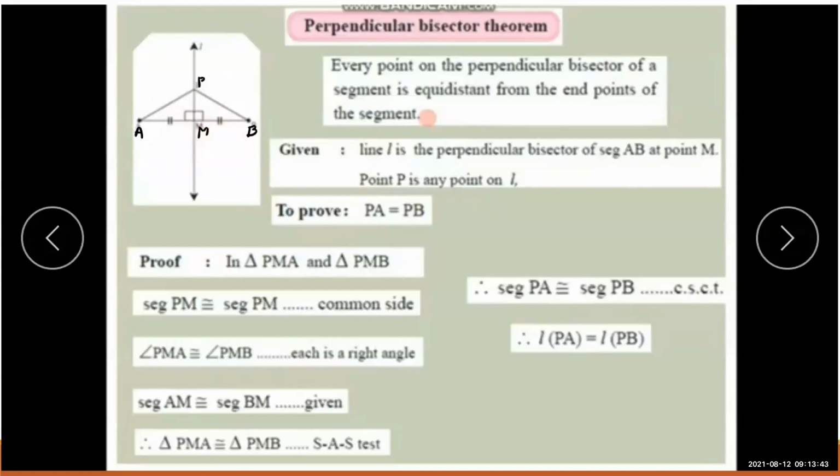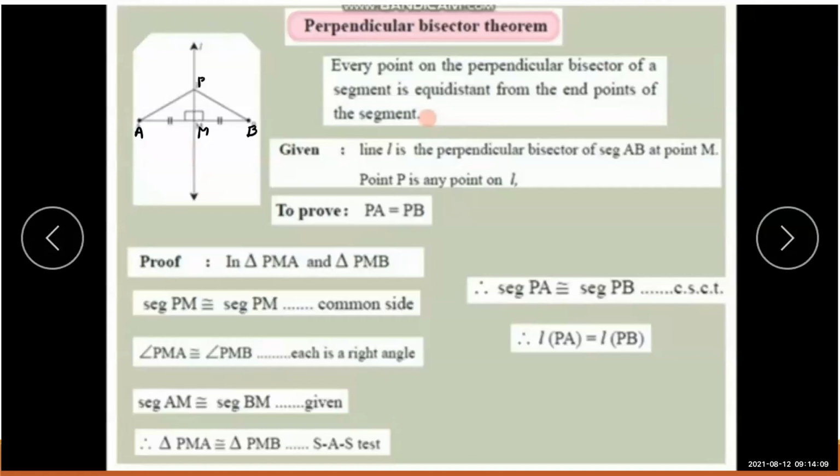And the last segment pair we can show congruent is segment AM congruent to BM. Why? Because it is a perpendicular bisector. So these two segments are congruent to each other, and I have written here AM is congruent to segment BM.